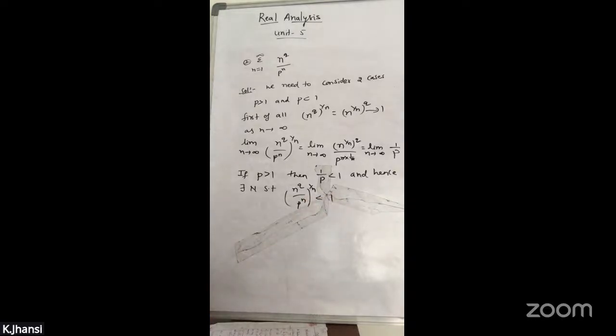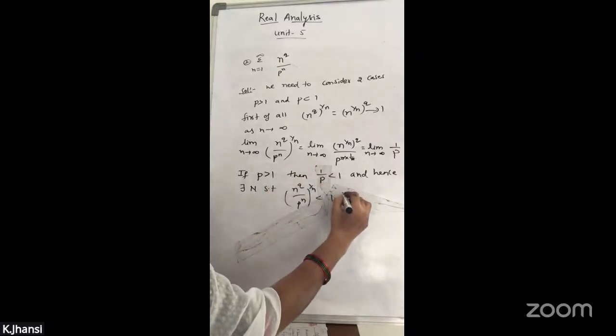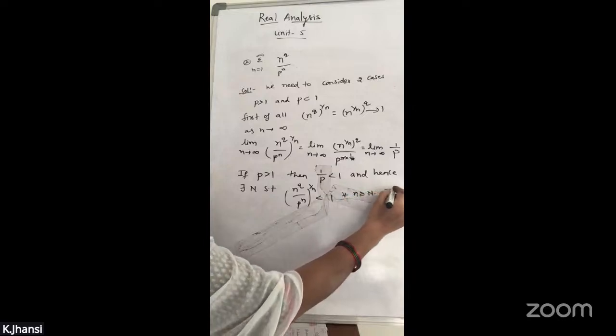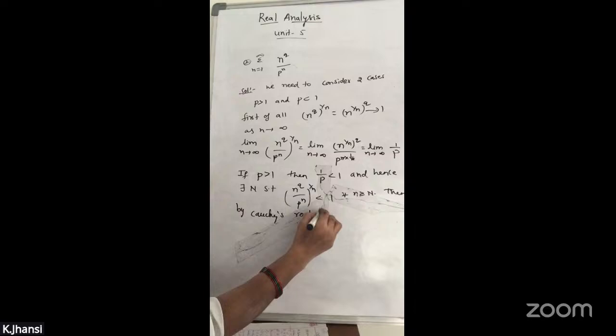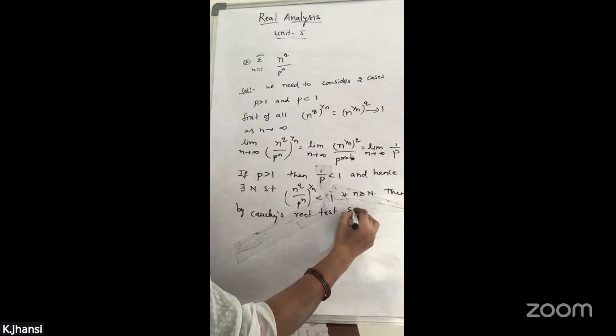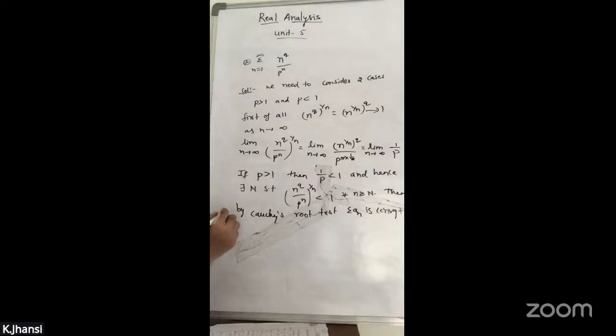Whenever it is less than 1, with the help of Cauchy's root test, it is convergent. Then by Cauchy's root test, summation a n is convergent.